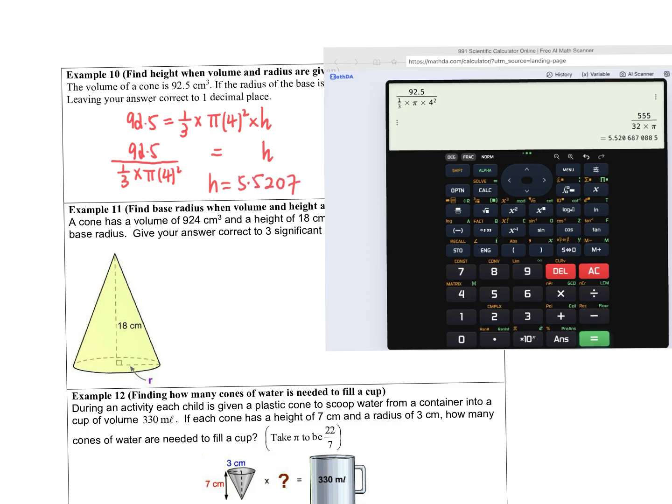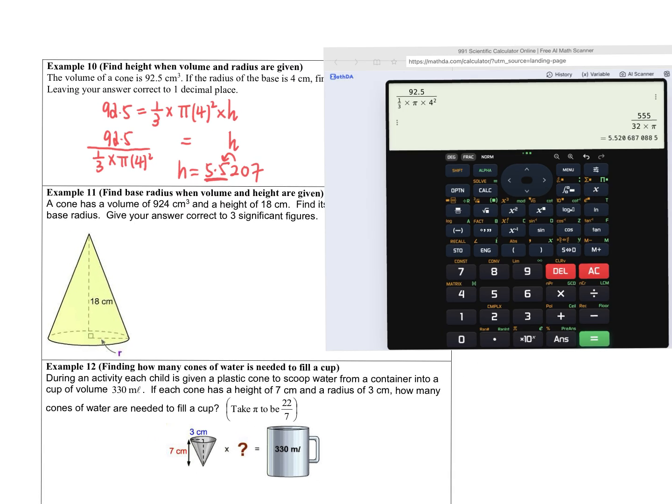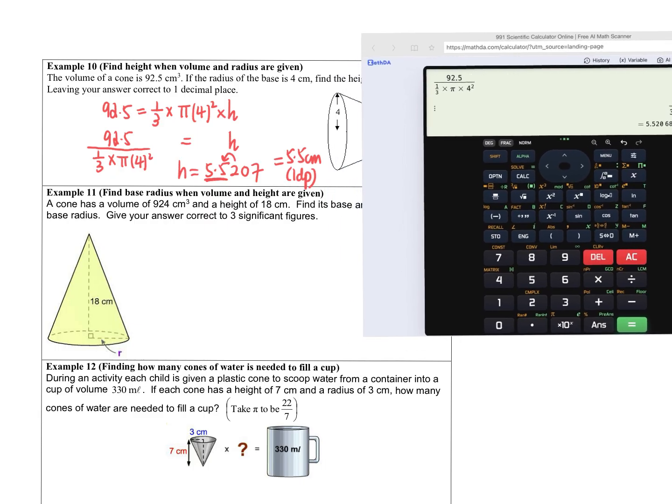Okay, but they say 1 dp. So 1 decimal place is here. Round down. So it's just 5.5 cm, 1 dp.